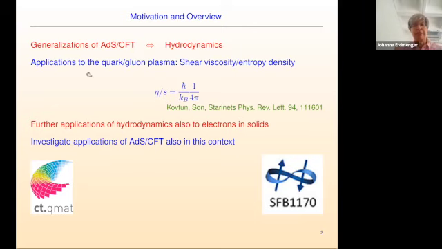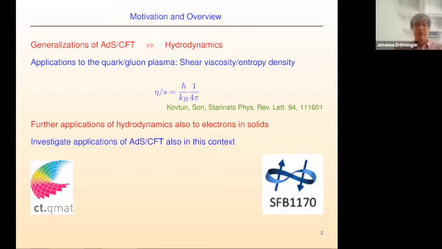Yesterday I showed you that this has been very successfully applied to the quark-gluon plasma, a state of QCD matter, quarks and gluons, that arises at finite temperature. It's investigated, for instance, at the RHIC accelerator, but also at CERN in the so-called ALICE experiment. In heavy ion collisions, you collide very heavy nuclei, and they form this new state of matter called the quark-gluon plasma.